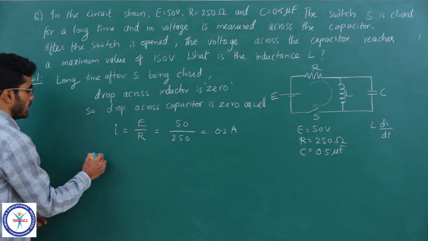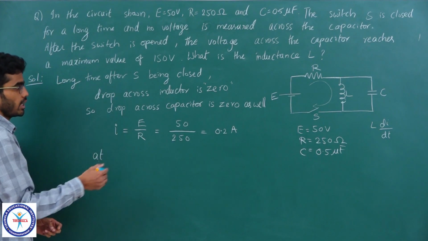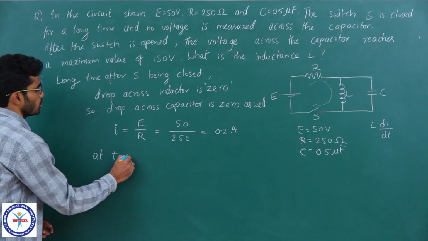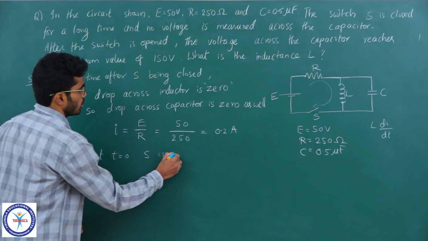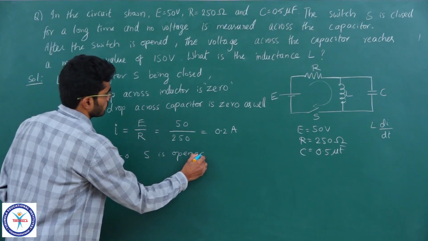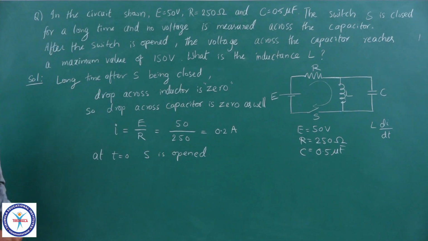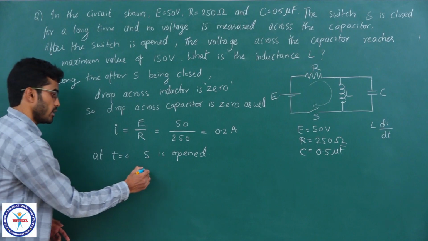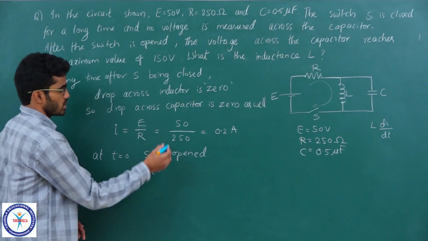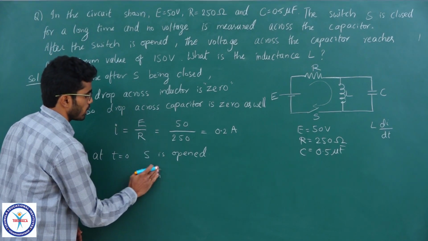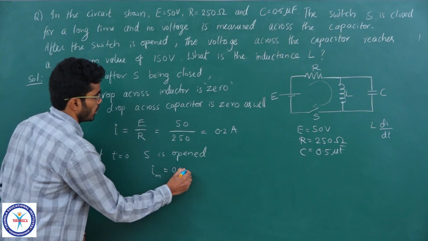So at t equals 0, let us say now at t equals 0, the switch is open. So, initially the inductor is carrying the maximum current, which is given by this value. So, our I max is 0.2 amperes.